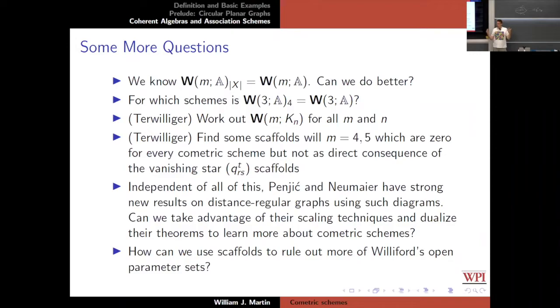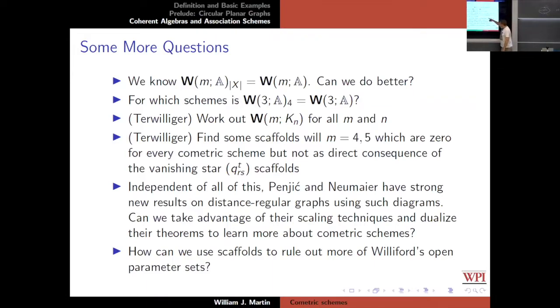Are there things like this, or an induced configuration? It's more than just induced subgraph because you can specify distances, right? But is there anything that's violated that isn't just violated by the triangle inequality? Is there anything that's forbidden other than the triangle inequality? That would give you a scaffold that must be 0 for all Bose-Mesner algebras.